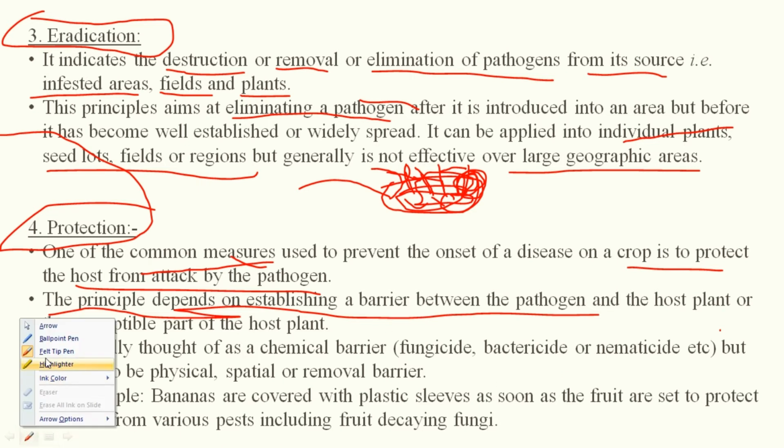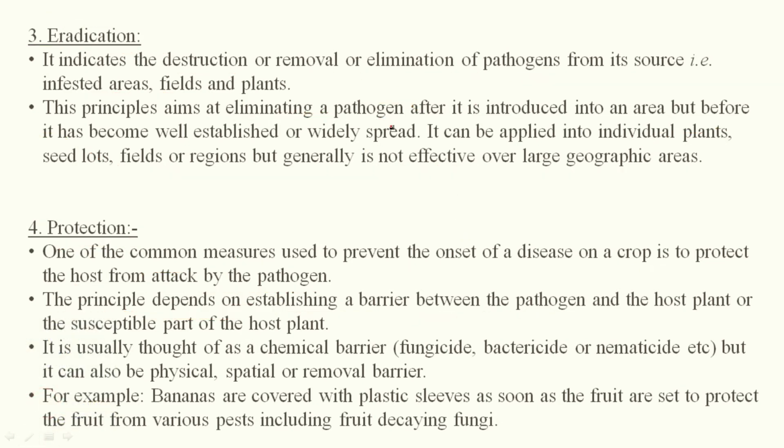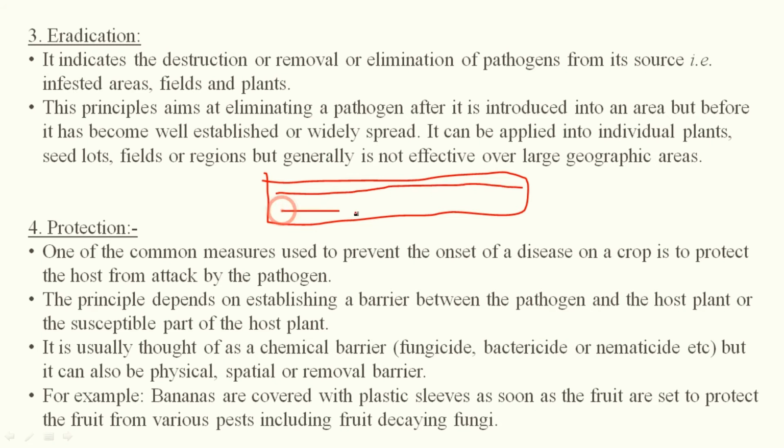Okay, now you try to understand. Suppose this is a big plot and here plants are there divided by some rows. So what does this protection tell, what can we do? We have to establish some barrier between these two plant rows or between two plants.